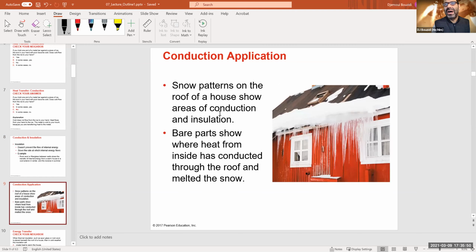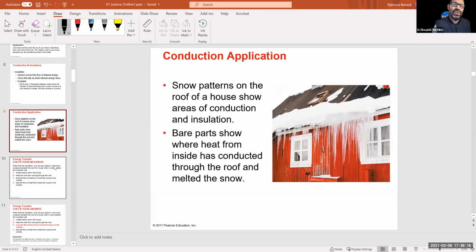Snow patterns on the roof of the house show areas of conduction and insulation. Okay. So in this case, there is a pile up of ice here because in this place there is metal that's cooler. So the ice here is piling up, whereas here there is insulation, so the heat here is melting it. Bare parts show where heat from inside conducts through the roof and melts the snow.